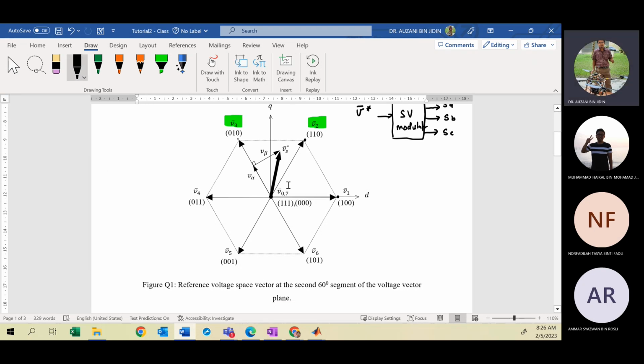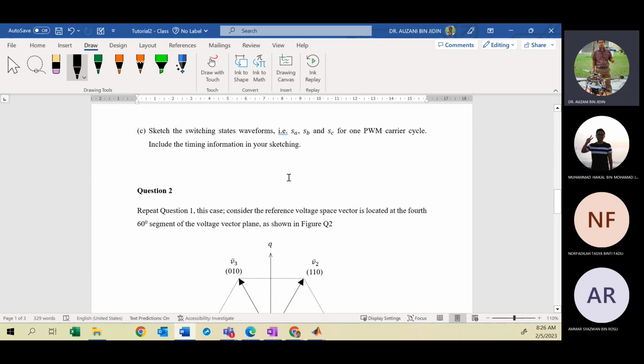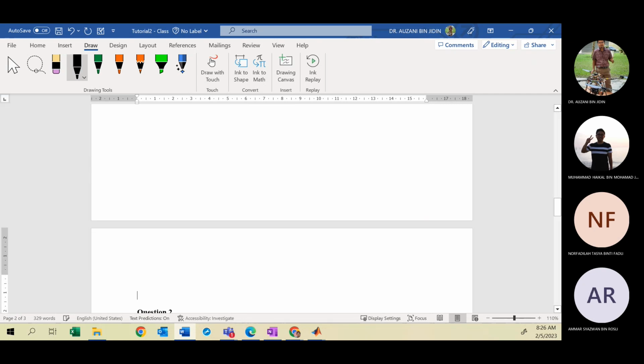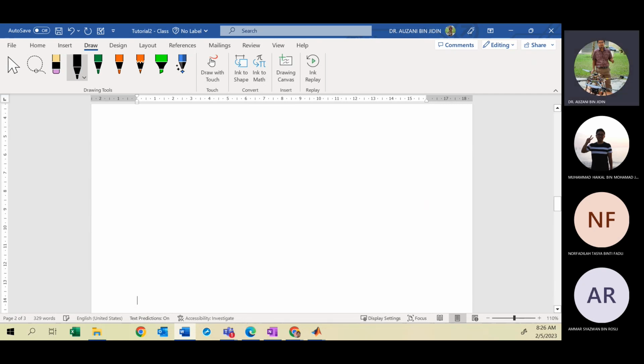So to derive, maybe we need to have space here.